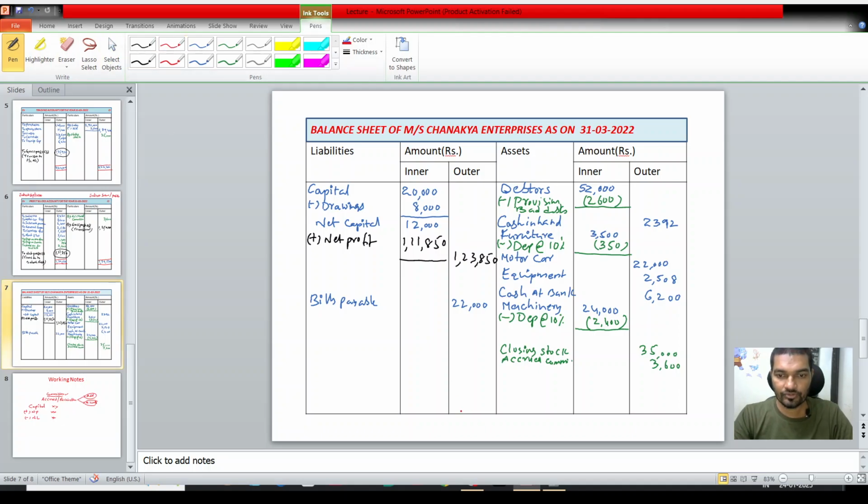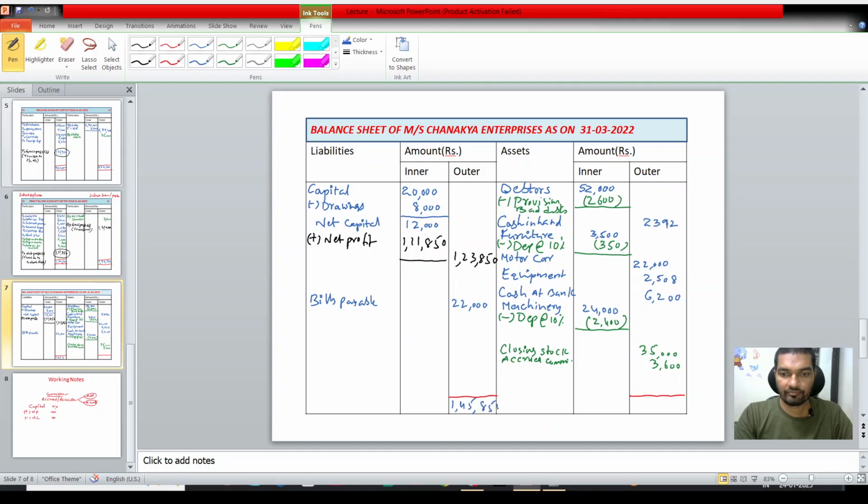The final amount, we need to total it. First we total the liabilities, 1,23,850 plus 22,000, so 1,45,850.